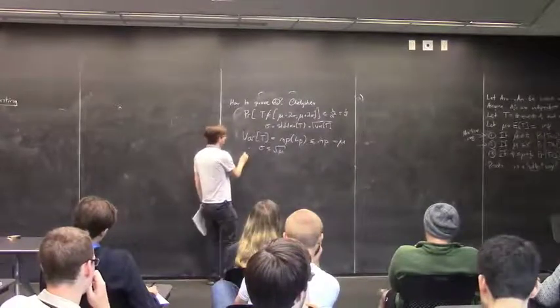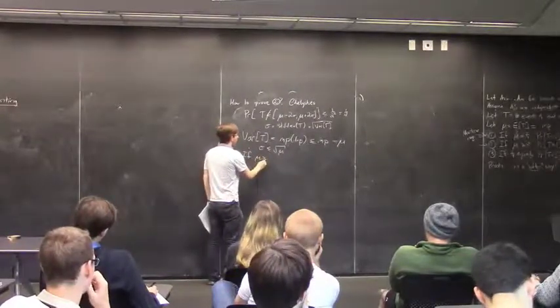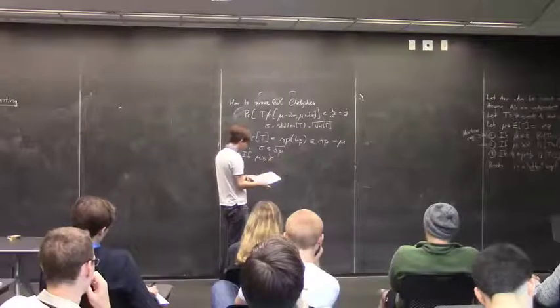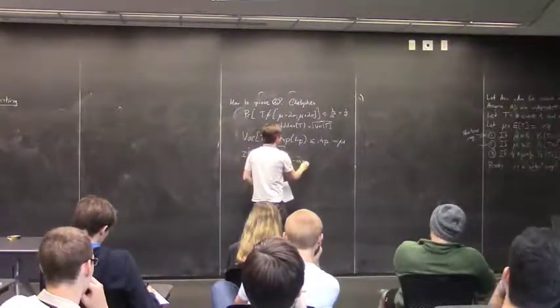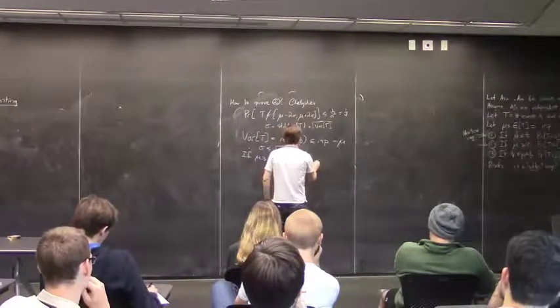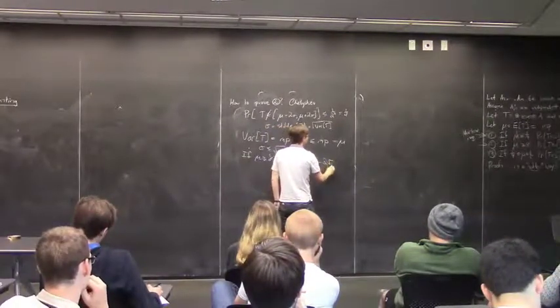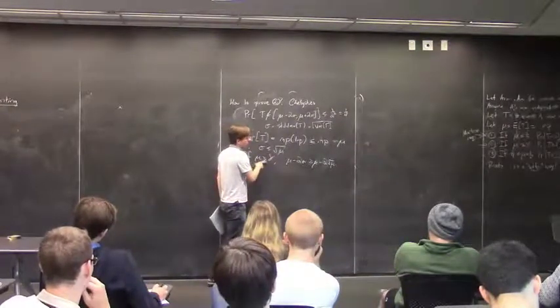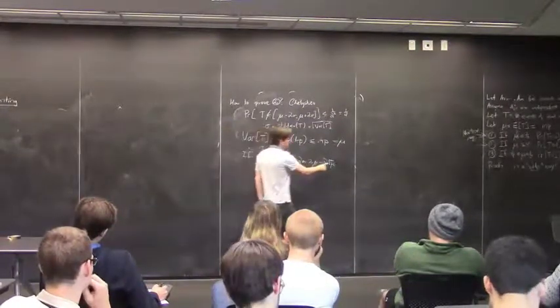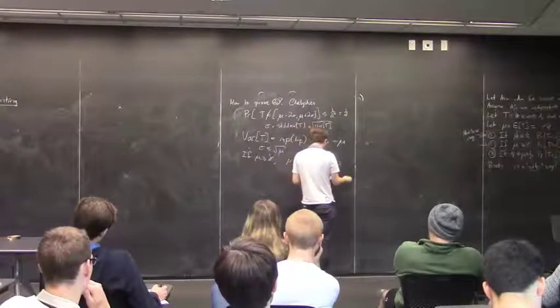So for example, if mu is at least 8, which it was in my hypothesis here, then mu minus 2 sigma is at least, well, this is always true regardless, but once mu is big, like 8 minus 2 root mu is bigger than 1.